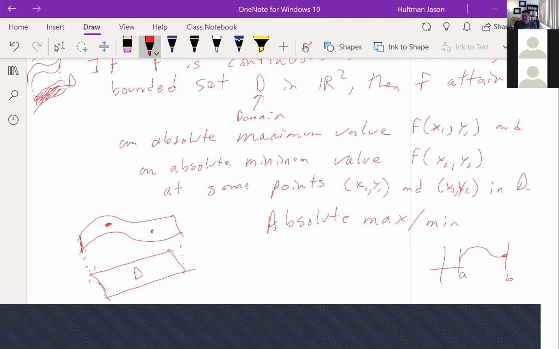And you can calculate those. You'd have to find the four points along these edges, and you'd have to calculate 1, 2, 3, 4, 5, 6 points here. Then you have to find out which one's the lowest and which one's the highest. That would be your absolute, or your extreme values. Does that make sense?